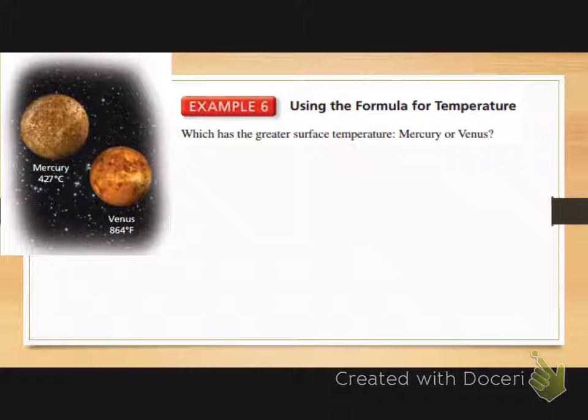So now, how are we going to use that? Using the formulas for temperature, which has the greatest surface temperature, Mercury or Venus? Well, we're going to need to convert one of them. Let's use our Fahrenheit formula we just found in example 5. So Fahrenheit equals 9/5 our Celsius, which for Mercury is 427, plus 32.